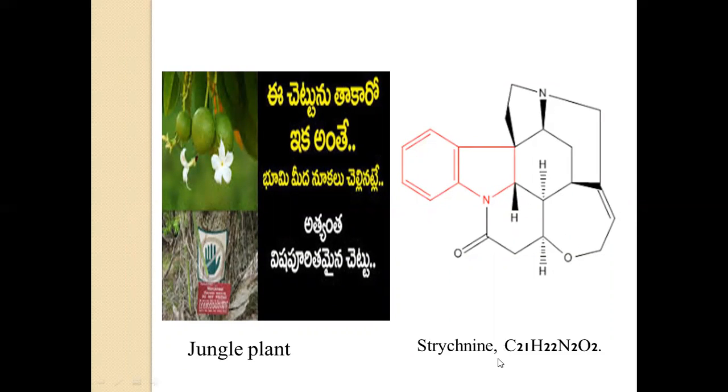Okay, that is about the functional groups. So 2 nitrogens are in the tertiary amine form, and of the 2 oxygens, one is in the keto form, the other is in the ether linkage in a 7-membered ring. So this comes under indole alkaloid.